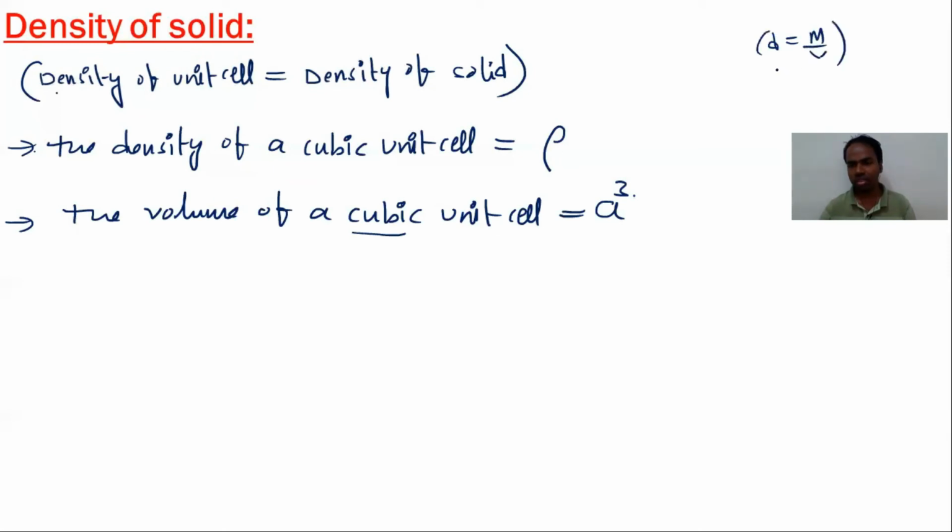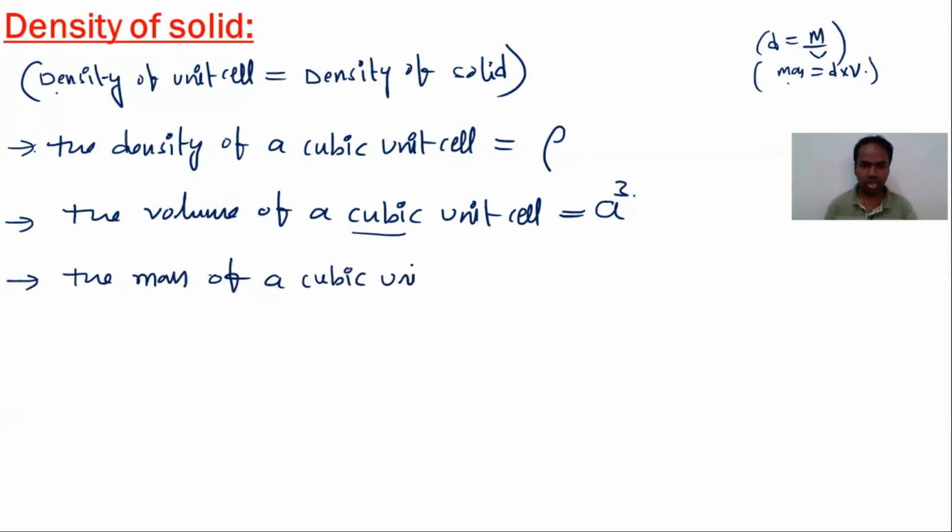So from this I want the mass. Mass is equal to density into volume. So rho a cube is the mass of the cubic unit cell.